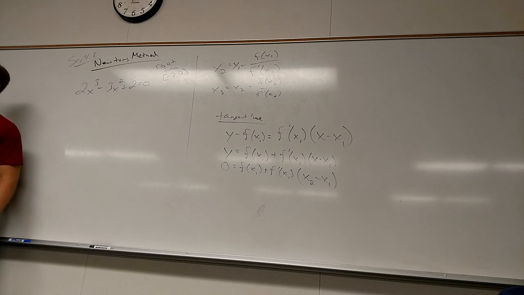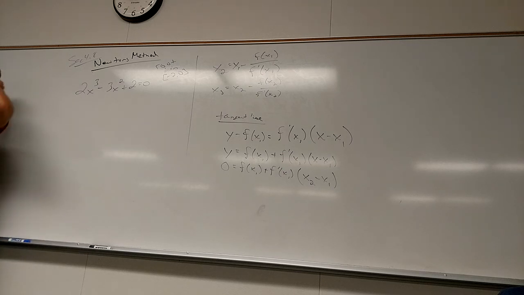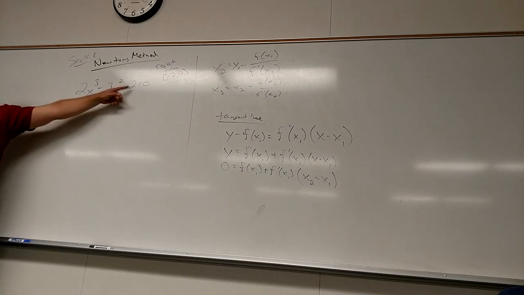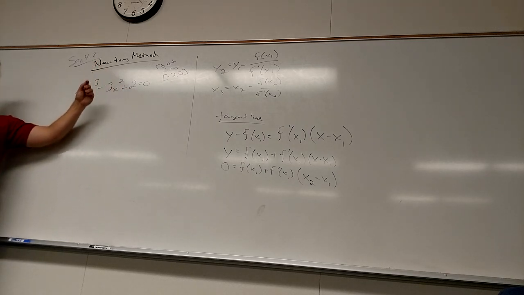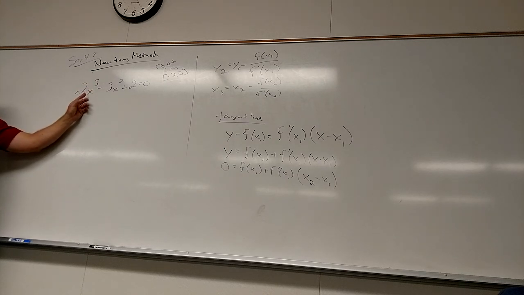Somebody remember, if there's a root somewhere, what more than likely has happened? Sign changes, right? Does it have to be one of those where it just touches? But if the sign does change, then there must be a root. So at 0, it's 2. It's positive. At -2, what's true?